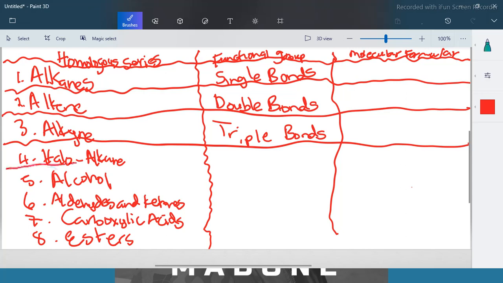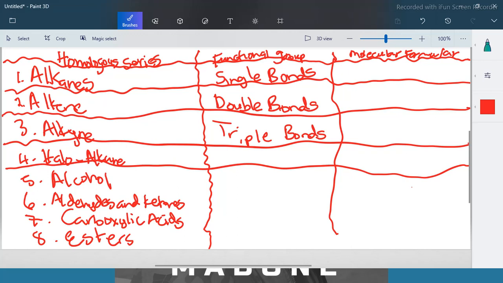Now we go to haloalkanes, guys. What are haloalkanes? Someone might ask you that. The word halo comes from halogens. If you go back to your grade 10 and look at your periodic table, we have halogens. My teacher used to say those are stable elements, basically elements that do not need to react to gain or lose electrons.